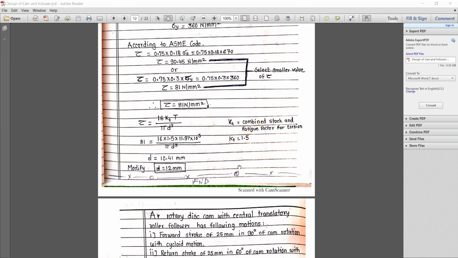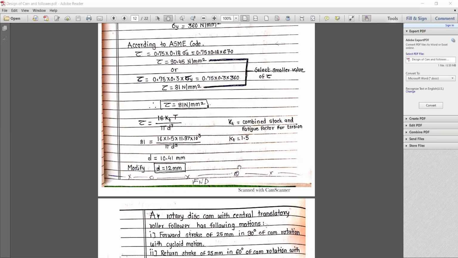We know that the shear stress tau is equal to 16 Kt into torque divided by pi d cube. So pi by 16 into torque is equal to pi by 16 d cube into Kt, that is, torque is equal to tau into pi by 16 d cube.